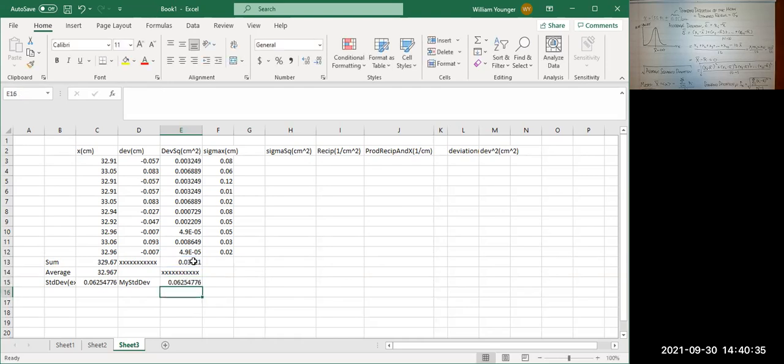So you see they're exactly the same. And I just figured out what I did wrong in my class this morning. I think I forgot to put the square root. I got a much smaller number for the standard deviation on that one. Okay. So that matches exactly the Excel's version of standard deviation.